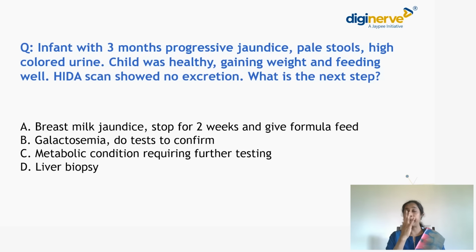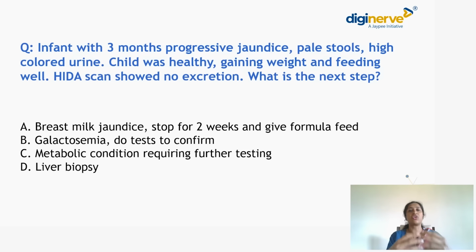When we say pale, it's essentially pale white, the typical clay colored stools. Remember, the clay is not our terracotta clay; it is the clay of the white porcelain china pots. That is what pale stool is about.